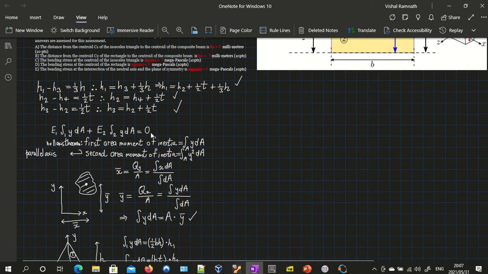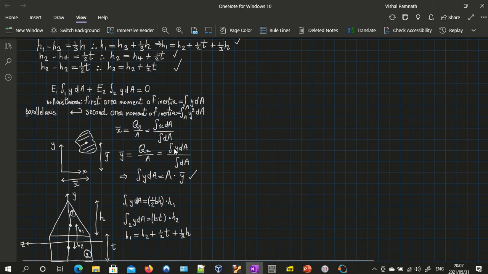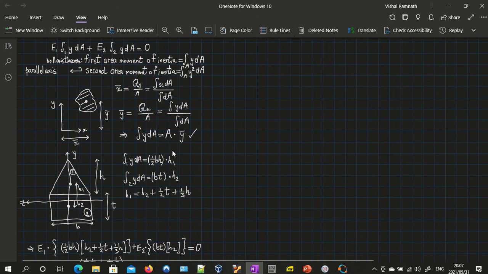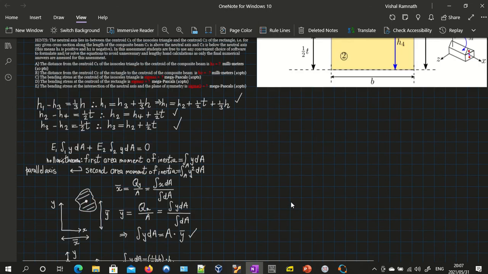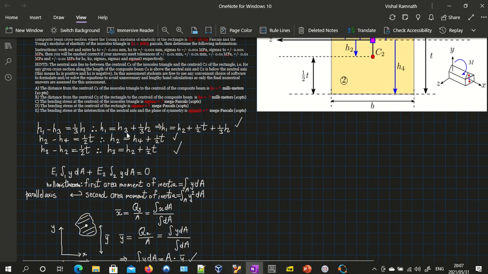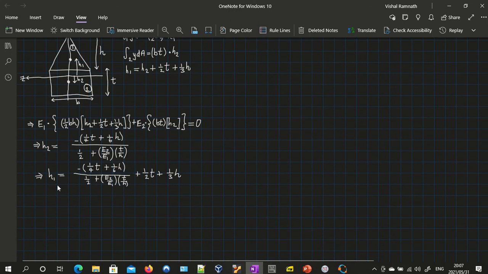We applied the integral equation, we worked out the first area moment of inertias as the product of the area and the distance from the centroid to the neutral axis. We substituted that into the integral equation, we solved the equation for H2, and then we substituted for the formula for H1, and then we got an answer. And then that's where we pause.